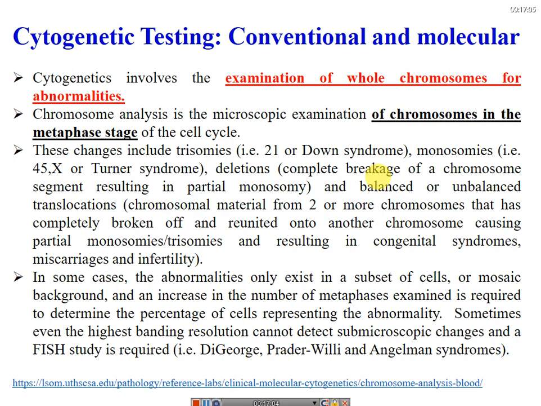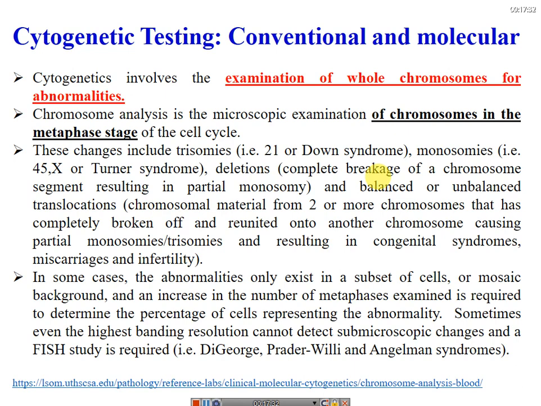So when we have a mosaic background, an increased number of cells in metaphase are required to be examined, so that we can easily determine the percentage of cells representing the abnormality. How many cells have that abnormality? In that case, a higher number of cells must be tested.